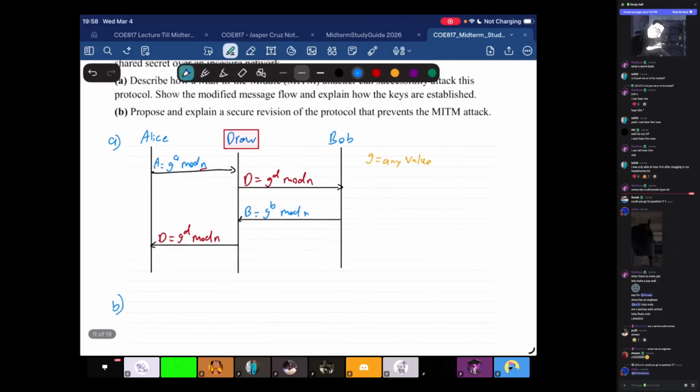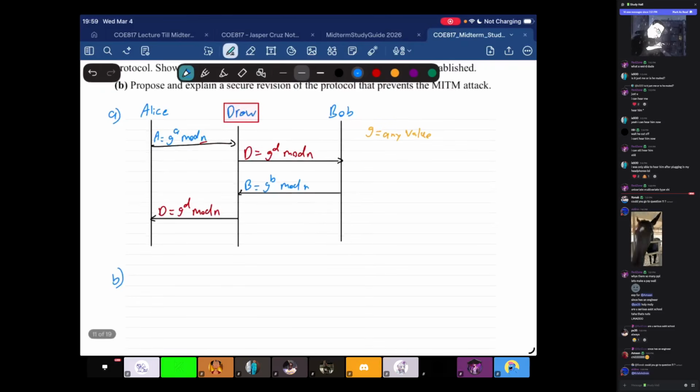Okay, so that was part A. Part B: propose and explain a secure revision to the protocol that prevents the man-in-the-middle attack. To prevent the man-in-the-middle attack, you can do one of a few things.